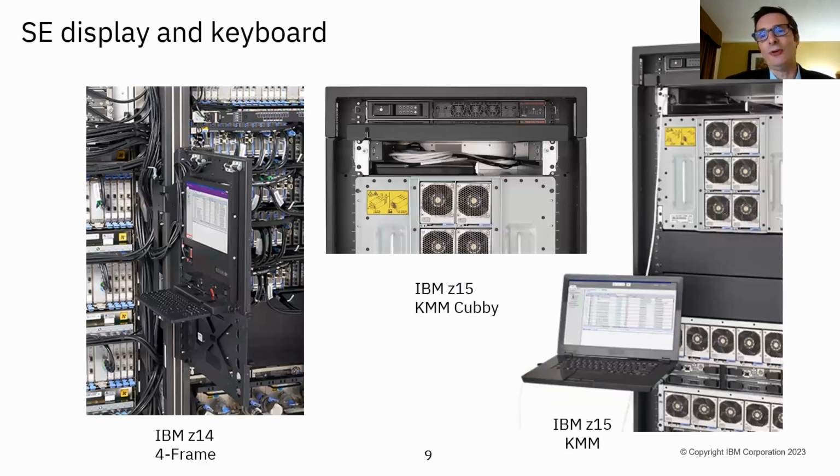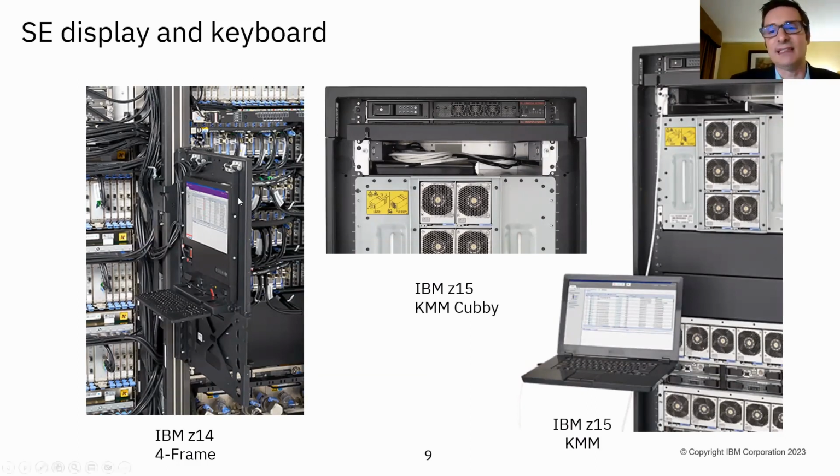And so the way you could interact with a support element would be actually to log in. On a Z14, they have this swing-out display and keyboard, which interacts with that blade and allows you to make configurations right at the unit itself. It's very uncommon for you to use that interface.